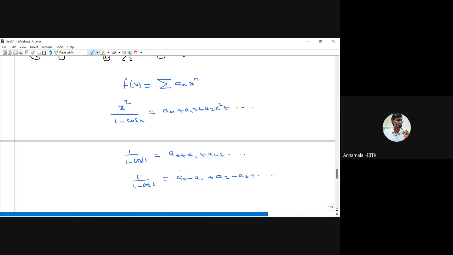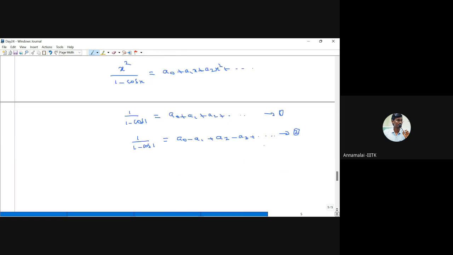So we have to subtract; maybe we call this equation number 1 and this equation number 2. Now subtract 1 and 2, the left hand side we get the same number, therefore 0. On the right hand side, a0 cancels, a2 cancels, we get only the odd terms. Therefore summation, 2 times, because we get 2 times the odd terms. But we can cancel 2, because if we multiply by 1 by 2, we get this one. Therefore the answer is 0.